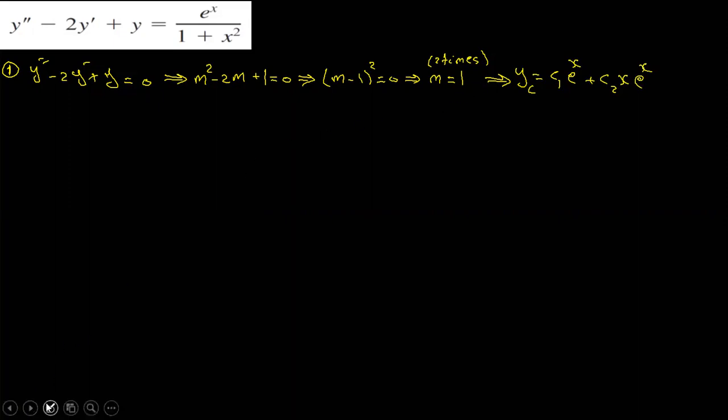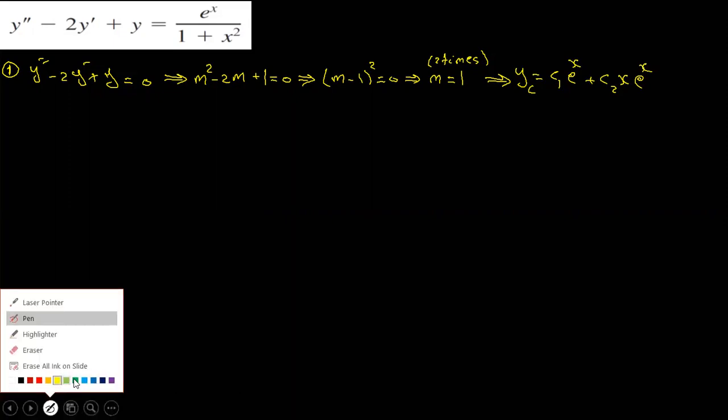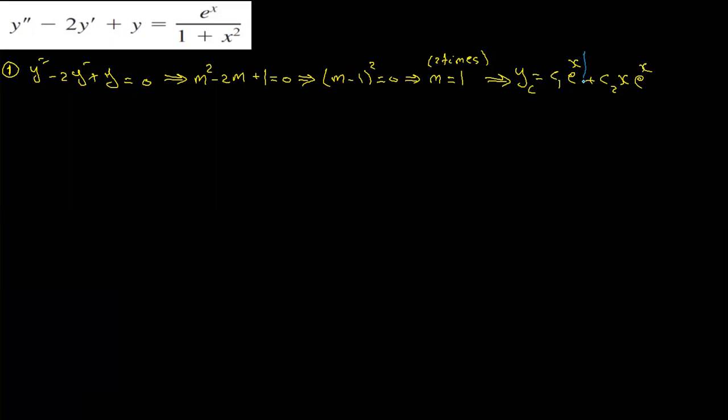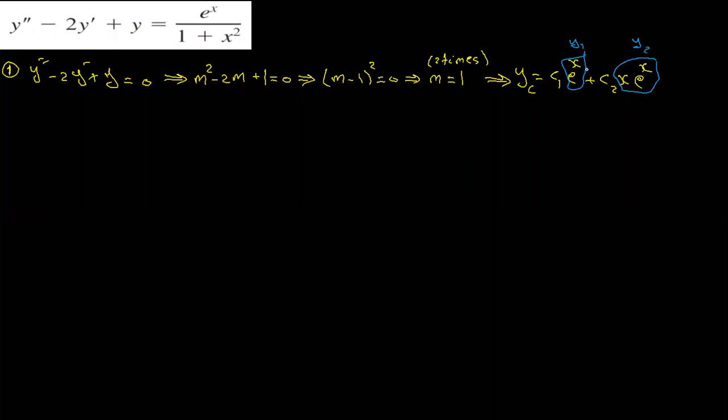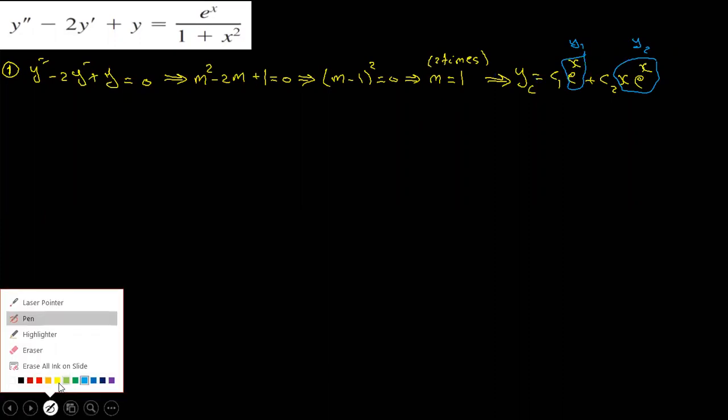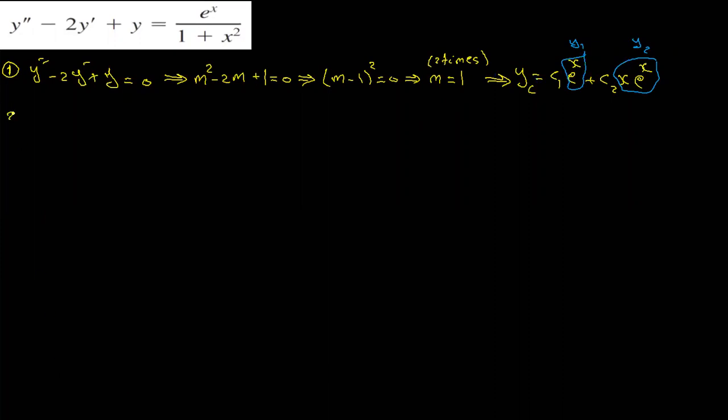So now notice that Basil said, this is my y1 and this is my y2. Those are the solutions of the homogeneous equation. Second step, if you remember, is to find yp.